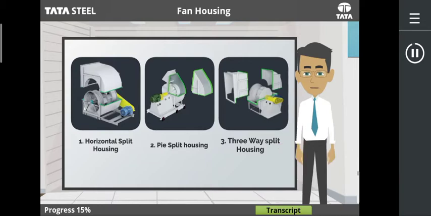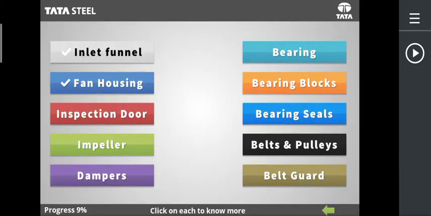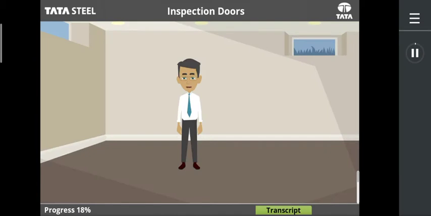Now let us move on further and learn about the inspection door. Have you ever heard about inspection door?